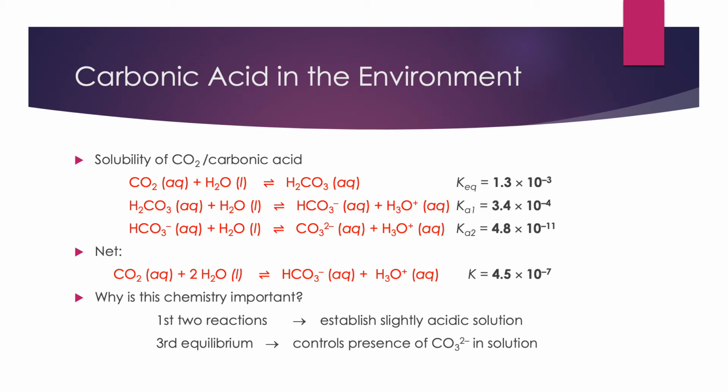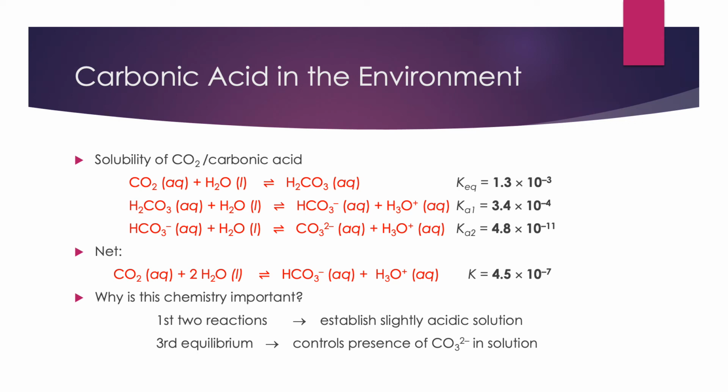And the amount of that stuff that is in there is a very important factor in some of the environmental things that we both enjoy and are worried about. For example, it is very important in the ocean because it affects how much sea creatures that form shells can actually form their shells if the balance is all wrong with the first two reactions.